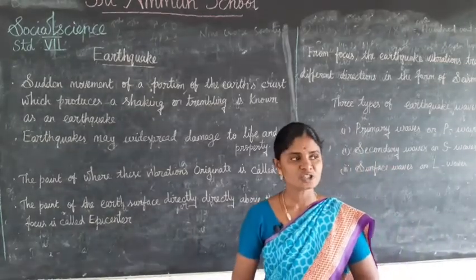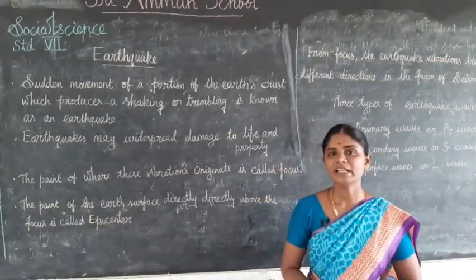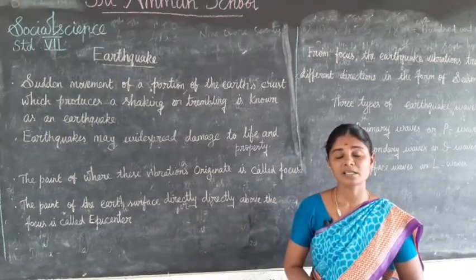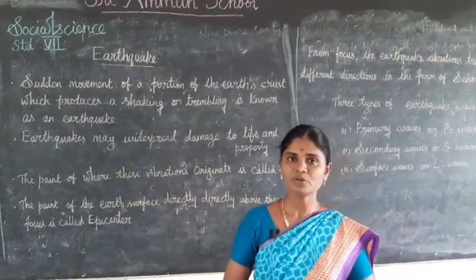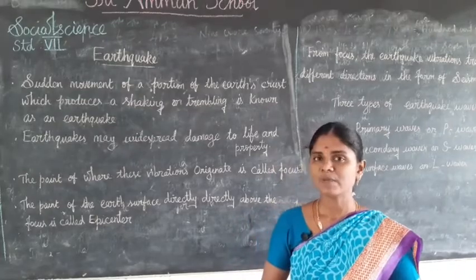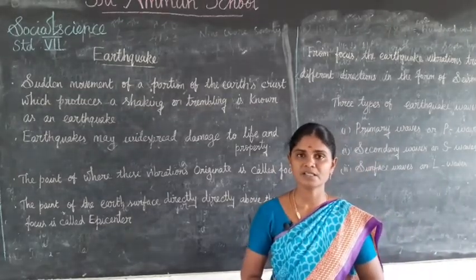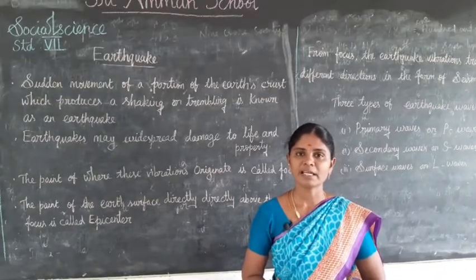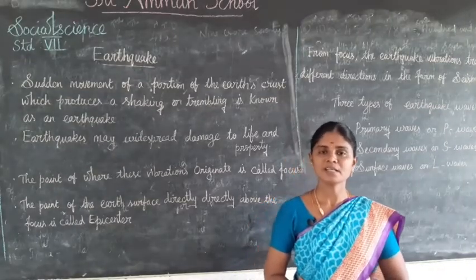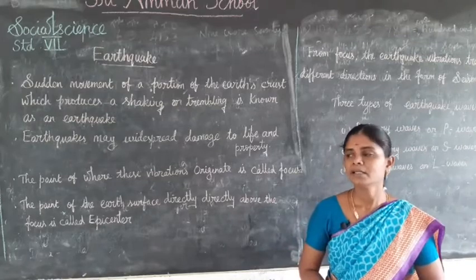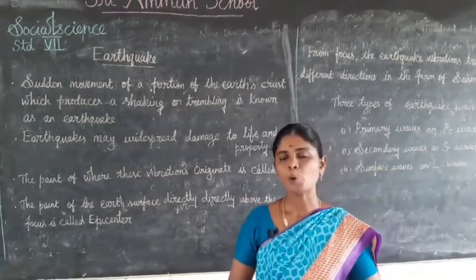The interior structure of the earth is divided into three layers: crust, mantle and core. The crust makes up only 1% of the total volume of the earth, 84% is mantle and 15% is core.